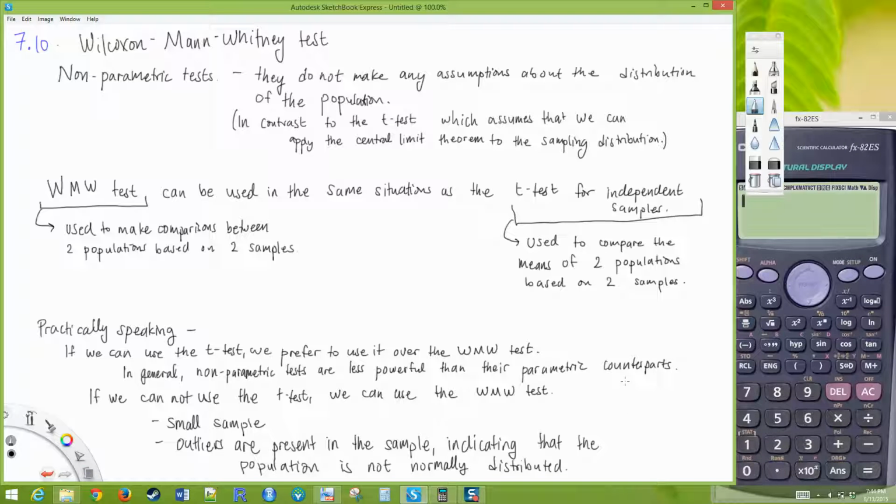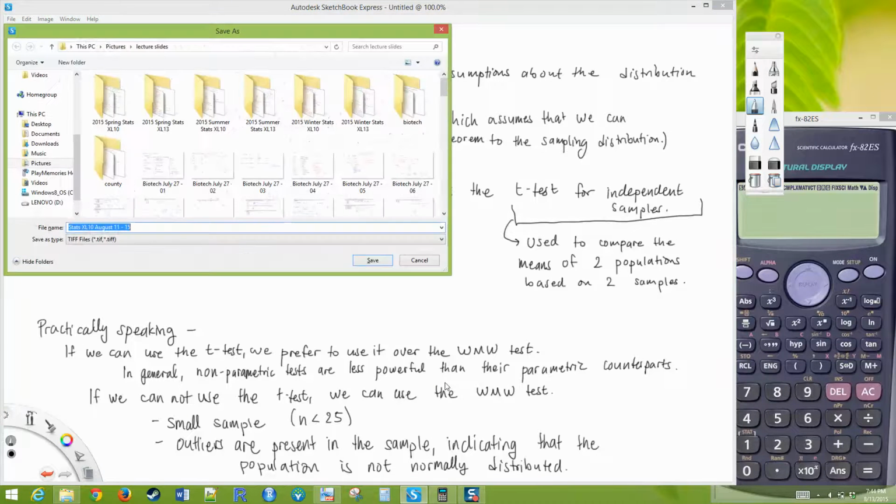Because the central limit theorem applies even if the population is not normal, as long as the sample is large, right? So here's the exception. Small sample meaning n is less than 25 or something like that, kind of the rule of thumb. And you've got some outliers in there. To us, that would indicate the Wilcoxon Mann-Whitney test should be used.